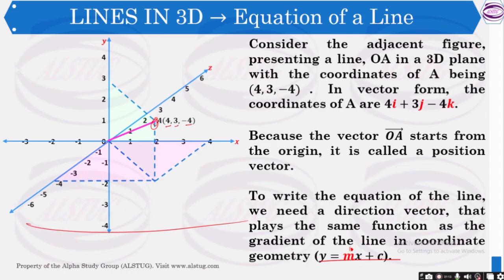The gradient is the same as tan theta, the direction, the slope, to what degree the line is bent. That's another term for gradient, the slope of the line, and that's exactly the function the direction vector plays.